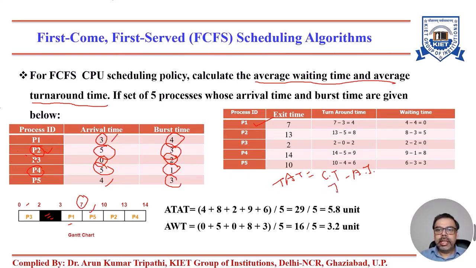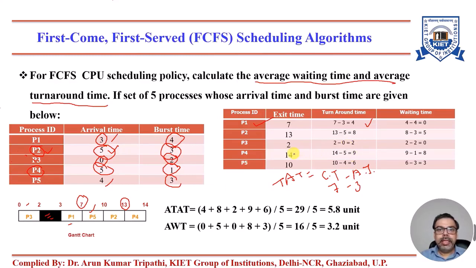That means 7 minus 3, it is equal to 4. P2 completes at 13 units of time, and it arrives at 5 units of time. So 13 minus 5 is equal to 8.